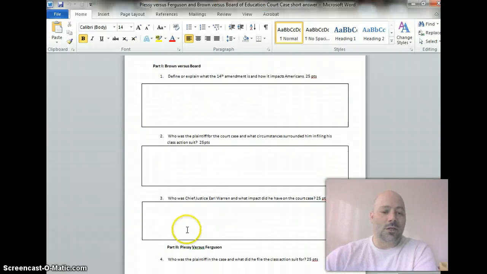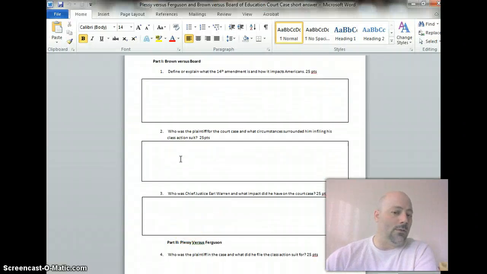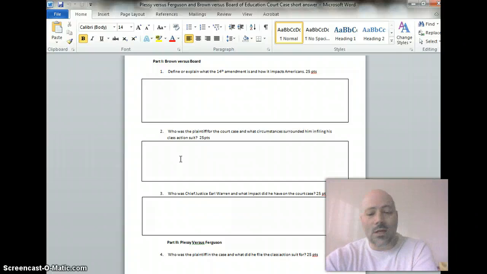The other questions are: who was the plaintiff? The plaintiff is the person who is bringing the court case, the person who is suing or filing a grievance. That is the plaintiff, okay? The first one asks who was the plaintiff for the court case and what circumstances surrounded him in filing his class action suit against the board.